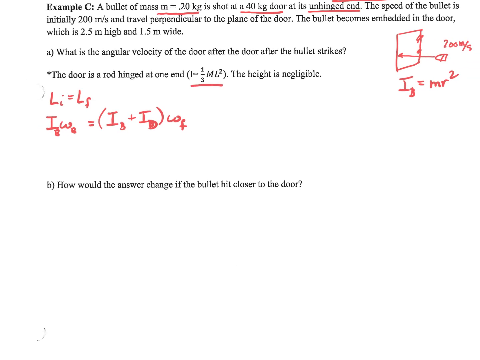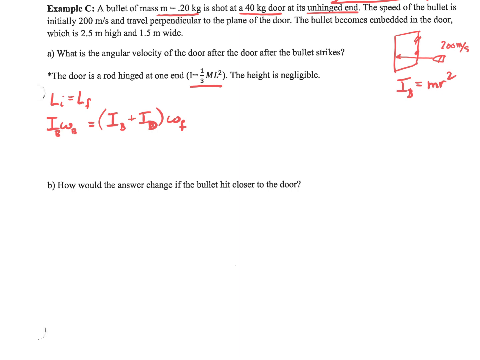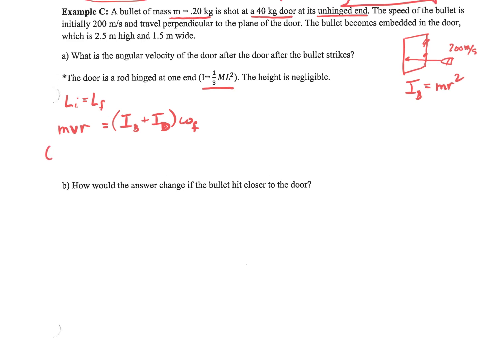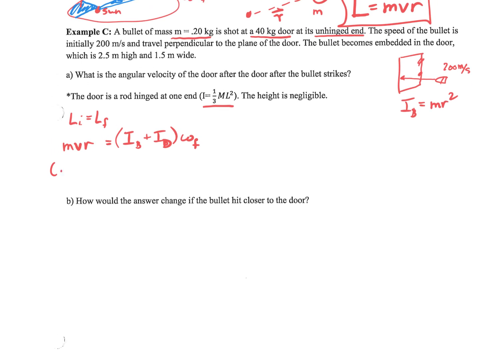I don't want to even have to do that, though. Do we have an easier way to do this? What do we know about L? We just found it. We know the velocity of the bullet, don't we? So let's use our alternative formula we just found, mvr. Since we know linear velocity, mvr instead. We know the mass of the bullet is 0.2, the velocity of the bullet was 200, and if the door is 1.5 meters wide, that is its radius from the hinge, so 1.5.